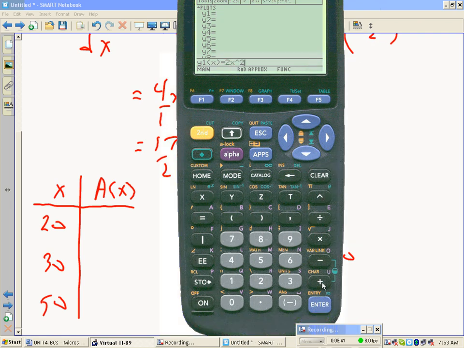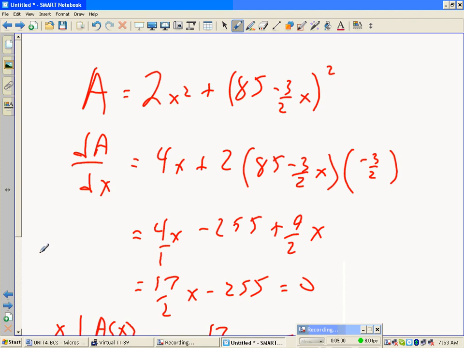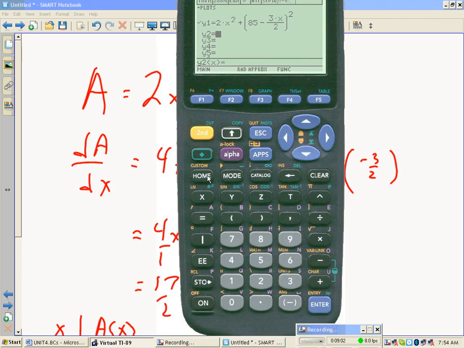All right, so that's the area of what? The rectangle. Plus quantity, 85 minus 3x over 2, wasn't it? All squared. There it is. And I'm just putting that in there. That's what it was, right? Yeah. I'm just putting that in there so I can evaluate it on the home screen.